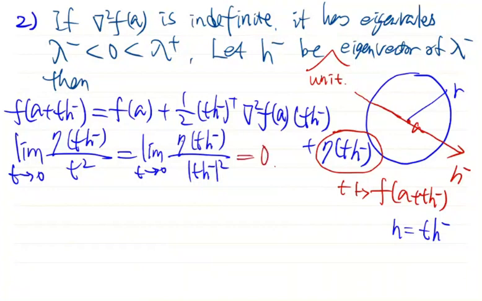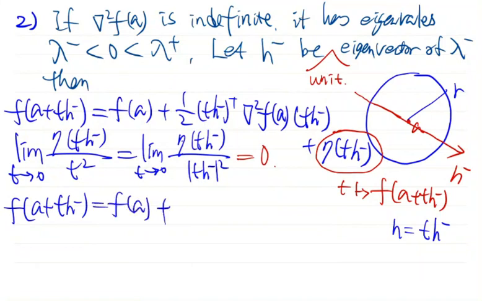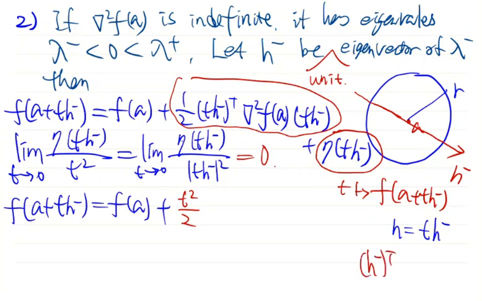Therefore, our f(a + t h minus) is f(a) plus, here, the t here and the t here, these two t can be taken outside the multiplication, t square, then h minus transpose gradient of f(a) and h minus.